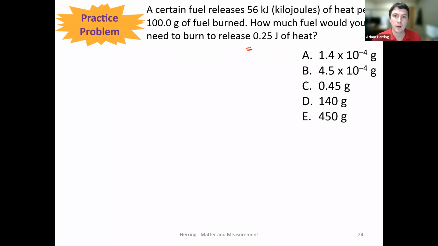In the end, we want to find units of mass, and we start with heat. And we see here that there is a relationship between mass and heat. If we use that relationship, our units of heat will cancel, and we're left simply with units of mass.